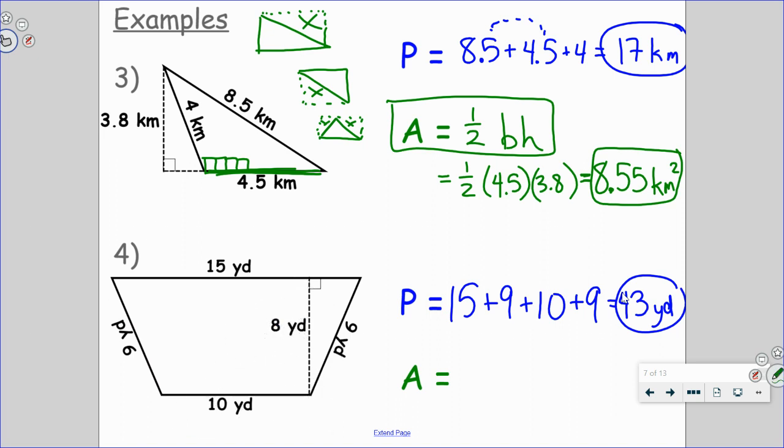Now, as for the area of a trapezoid, I'm going to take you a little through this. If I took the exact trapezoid and put them right next to each other, what would you notice here? We'll call that the area, the base 1, the base 2.